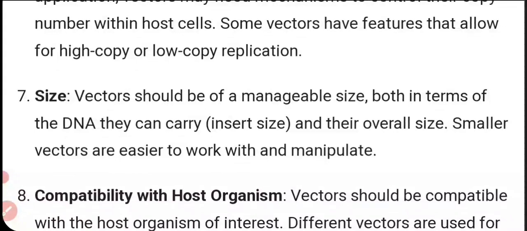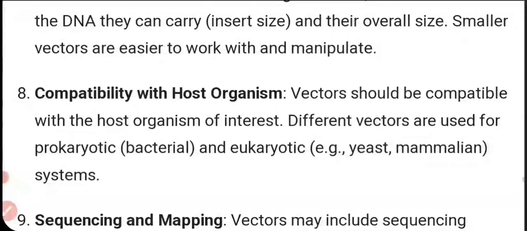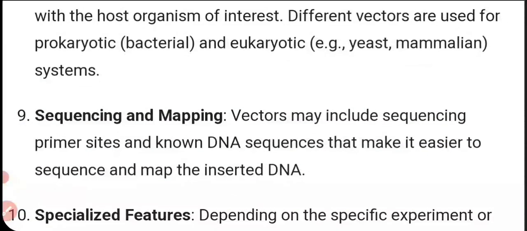Then size: a vector should be of manageable size, as already discussed. Then compatibility with the host organism, so that it can be inserted into the host and be stable within it. Then sequencing and mapping: vectors may include sequencing primer sites and known DNA sequences that make it easier to sequence and map the inserted DNA.